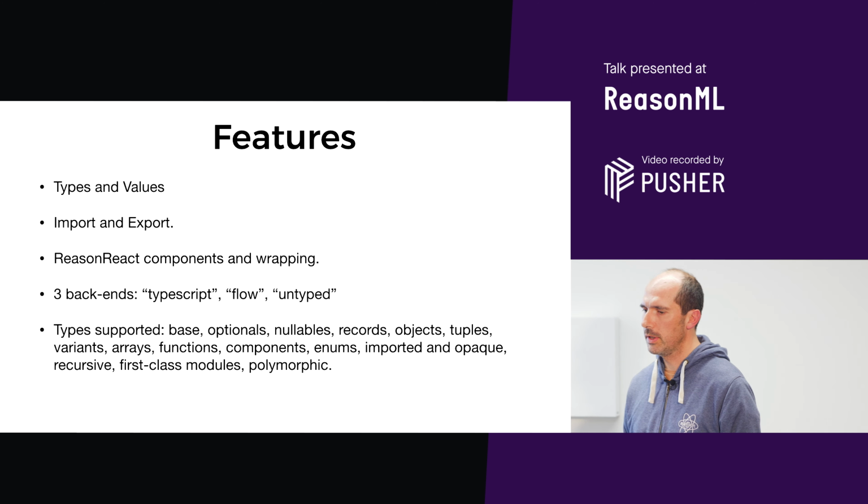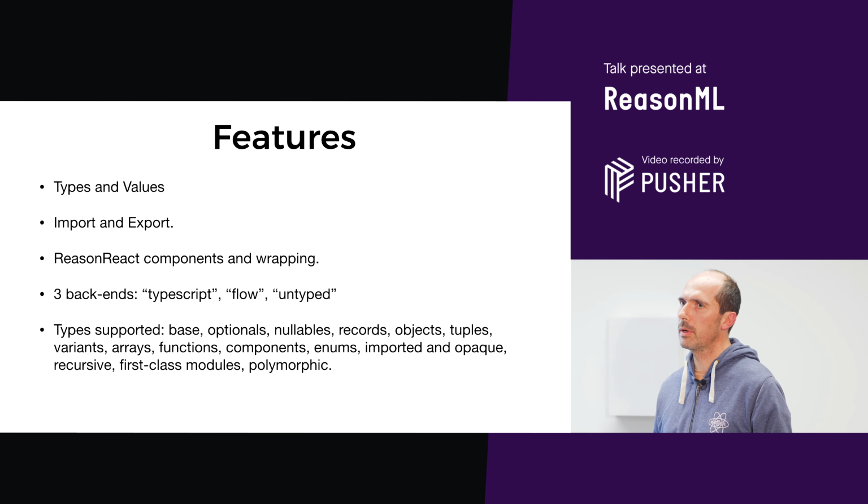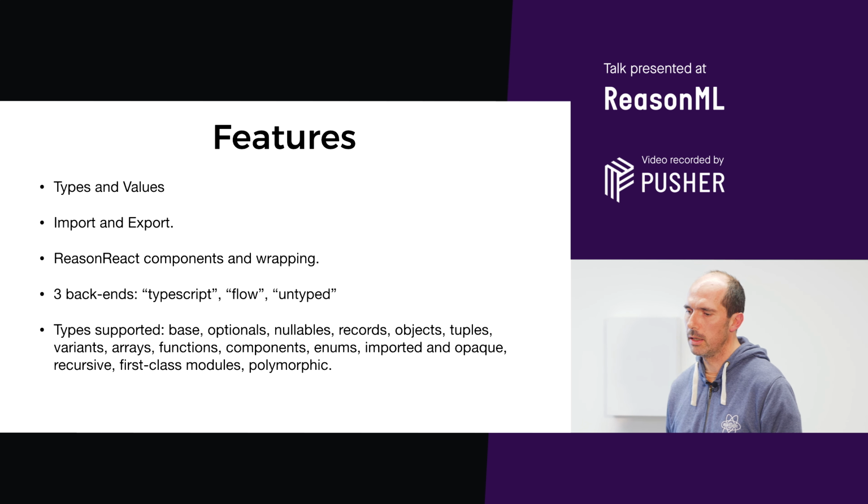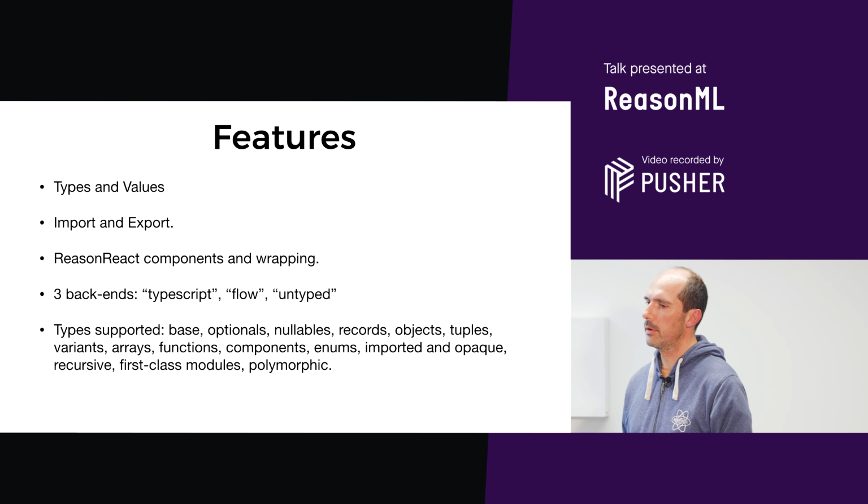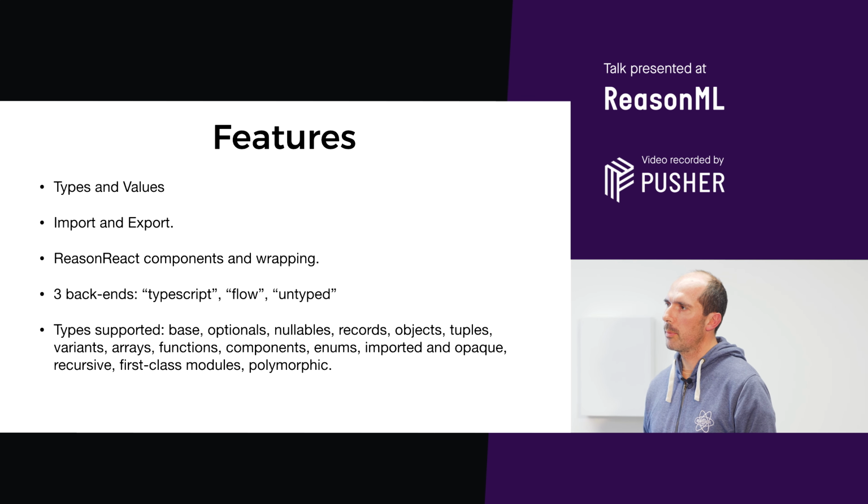In terms of features, as I was mentioning before, it's about types and values: importing and exporting types and values, and also about ReasonReact components and wrapping them automatically both ways. It has three backends: TypeScript, Flow, and also an untyped backend. If you use the untyped backend, you still get all the conversion between the Reason idiomatic data structures and the JavaScript idiomatic data structures, but without the type checking.